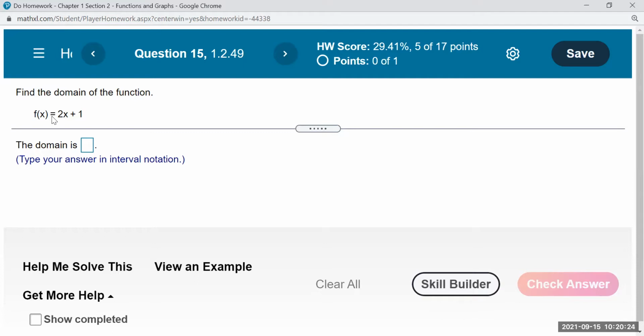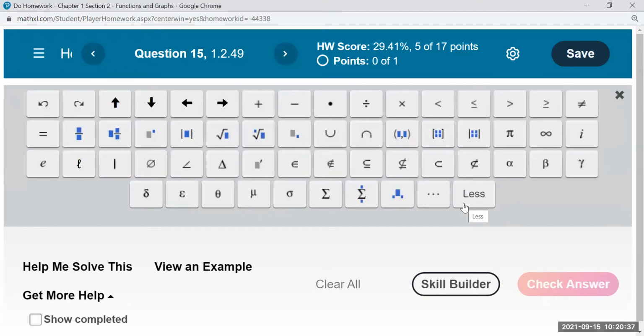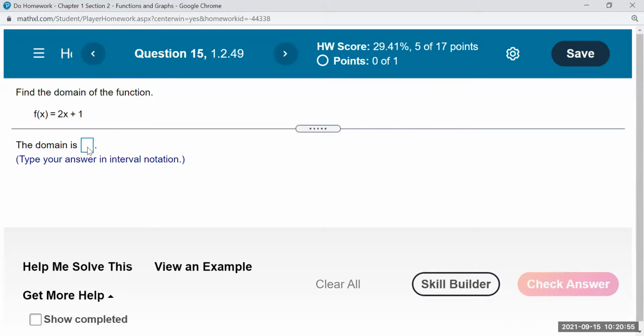Until we memorize that entire sheet I gave you, we know from the sheet that the domain goes from negative infinity to positive infinity.